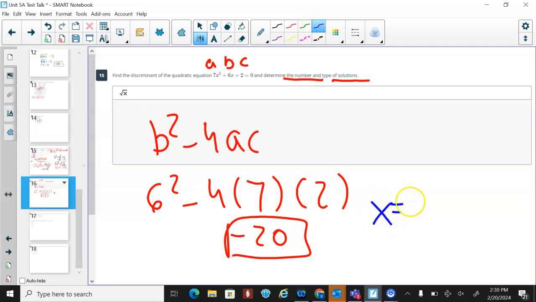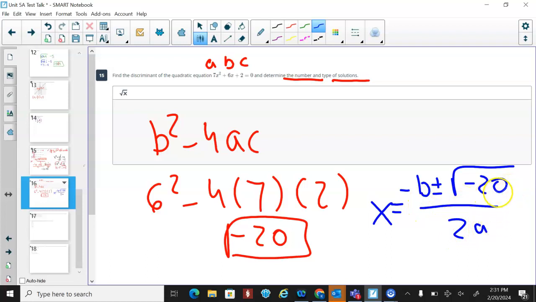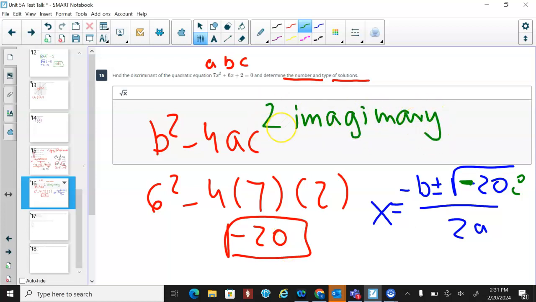So when we have a quadratic equation, you get negative b plus or minus, and the discriminant goes right here, okay? What does that mean? That means that this is negative, which is going to indicate i, which is imaginary. So I know the negative discriminant indicates imaginary solutions, and there are 2 of them. If this number would be positive, you would have 2 real solutions.